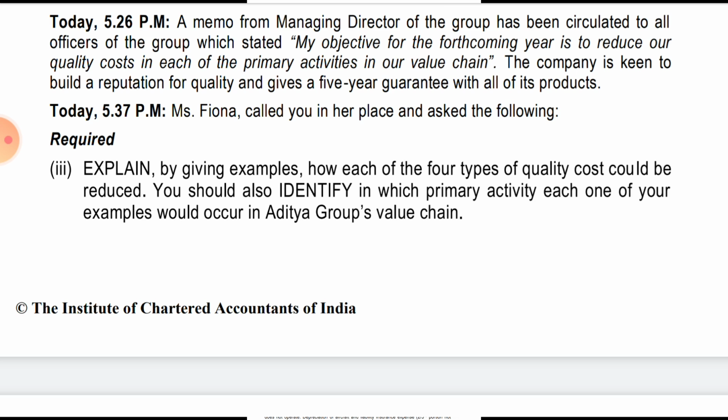You should also explain in which primary activity one of your examples could occur. So they are referring here to Porter's value chain primary activities: inbound, operation, outbound, or marketing. Basically prevention we can say relates to the operation activity.